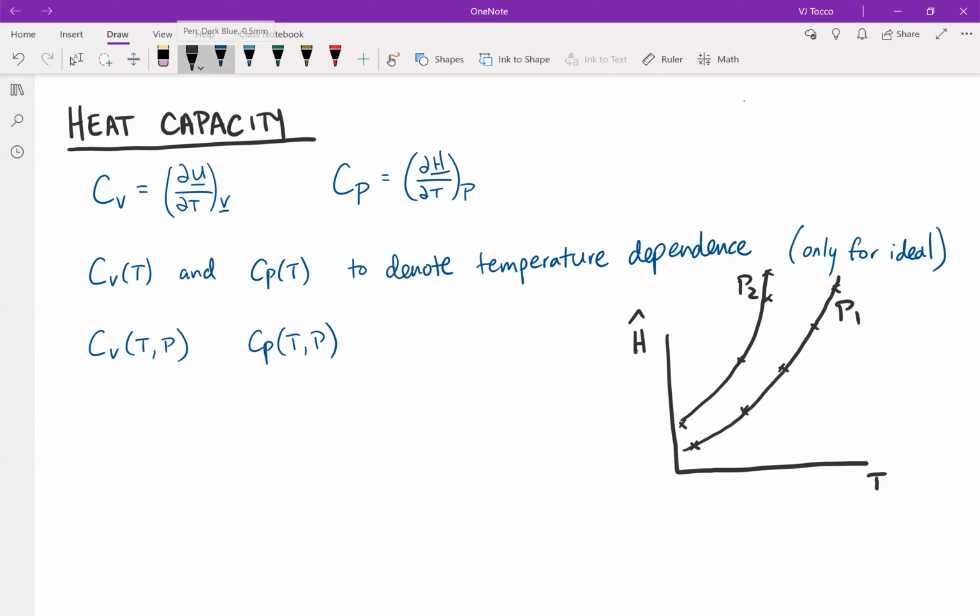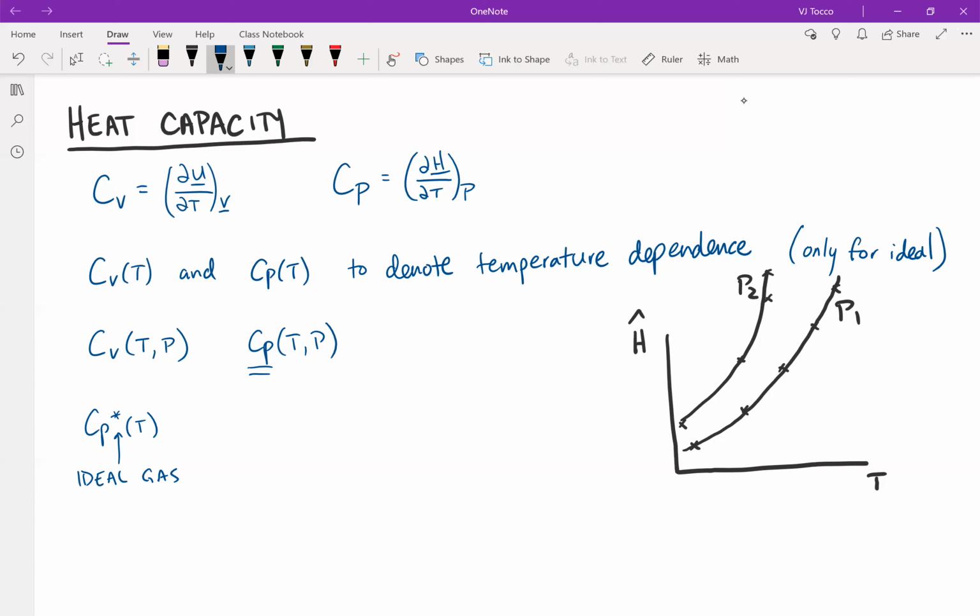And that represents a problem for us, because if we look up what CP is in the back of the book, they'll oftentimes give us CP assuming an ideal gas. So they will say CP star of T. The star represents ideal gas. And because of the work in the experimentation that has to be done in tabulating CP for any pressure, usually it's only done at one pressure that's low enough such that you can assume ideal.